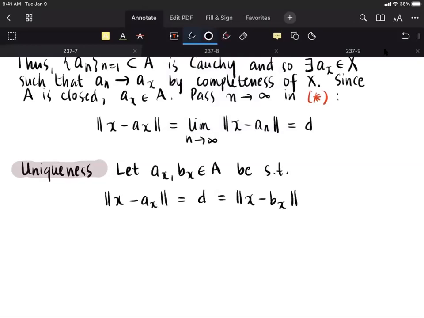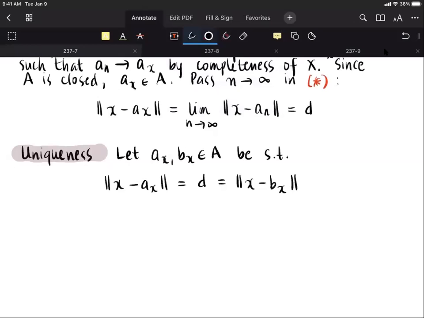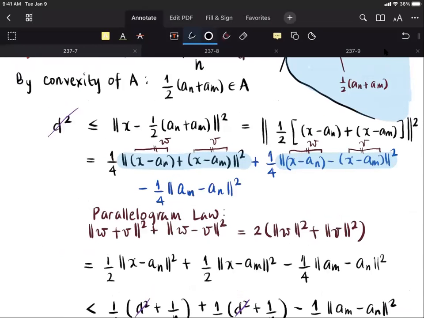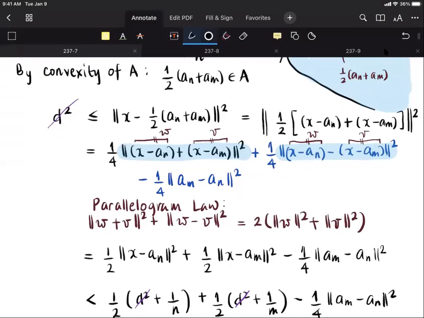Suppose we have 2 points in A that are closest to X. Now, if we replace an and am by ax and bx in our previous computation, you can still adapt this computation here, and we will specifically use this inequality here.